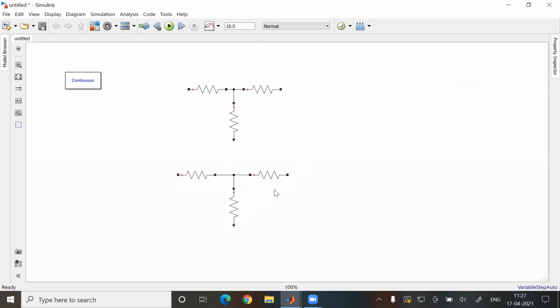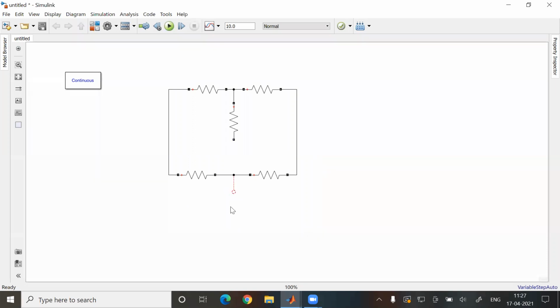So what we have to do is connect this with one point, this with one point, and this in another, or it will be again a hectic one.